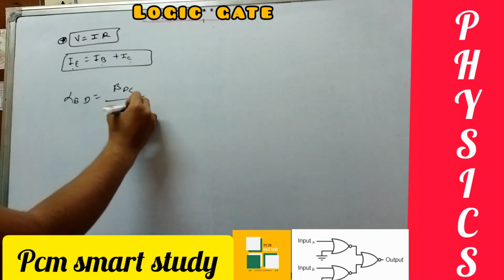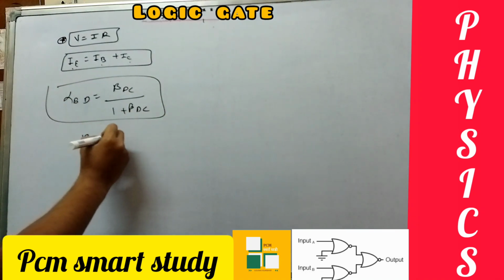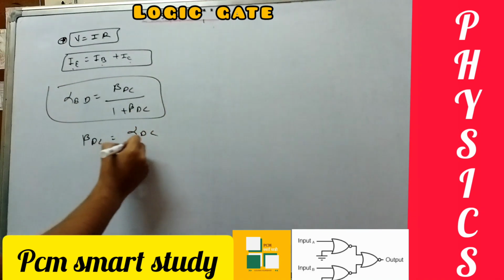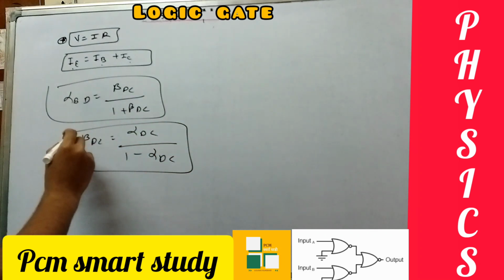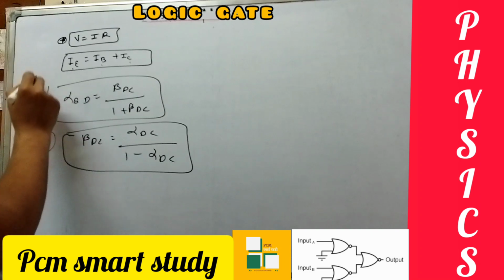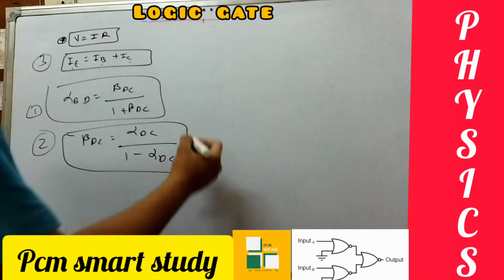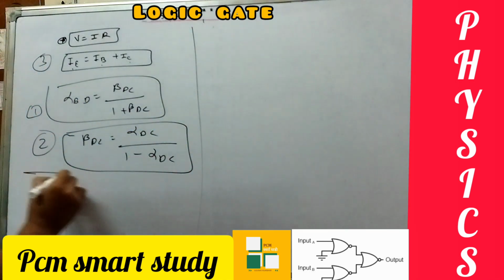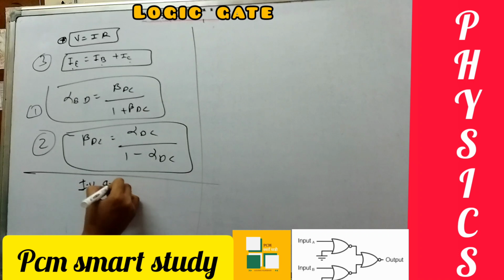Alpha DC equals beta DC upon 1 plus beta DC. Beta DC equals alpha DC upon 1 minus alpha DC. These two formulas are very important. Next we will study the IV graph.